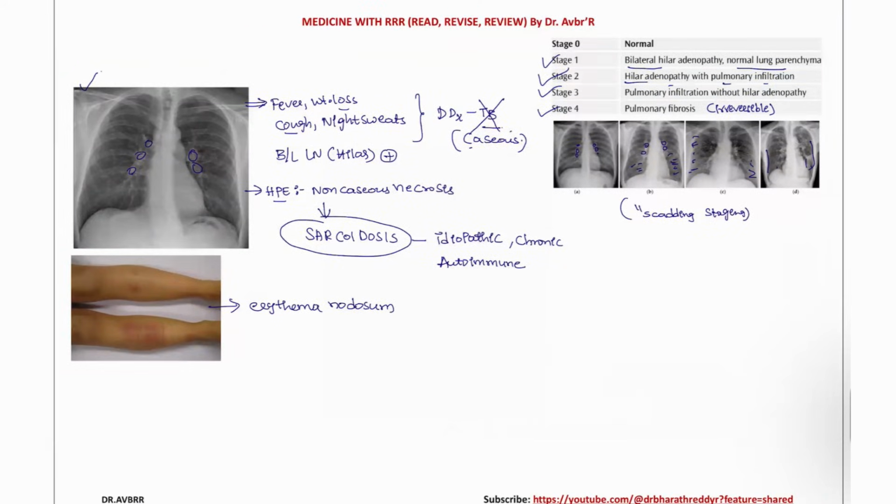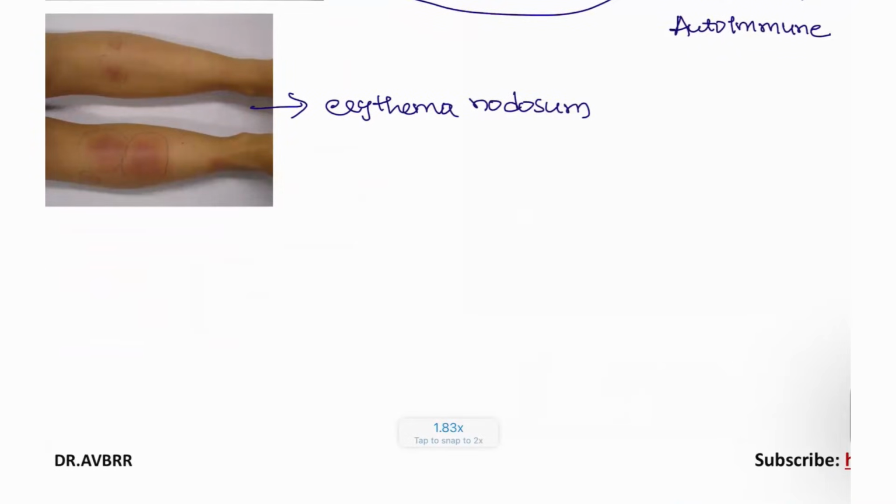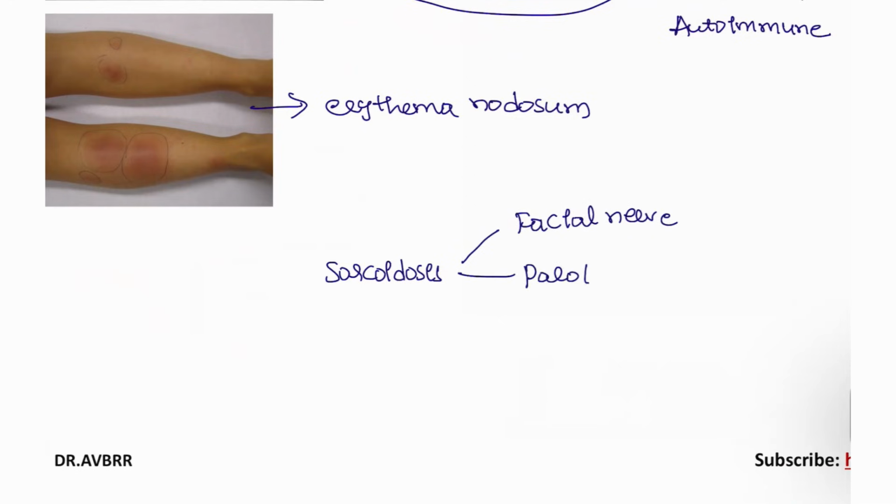Next, what are the other systems that will be affected here? Sarcoidosis will also involve the facial nerve, parotid gland. On the parotid, if you do the scanning, especially PET scan, you are going to see the panda sign.